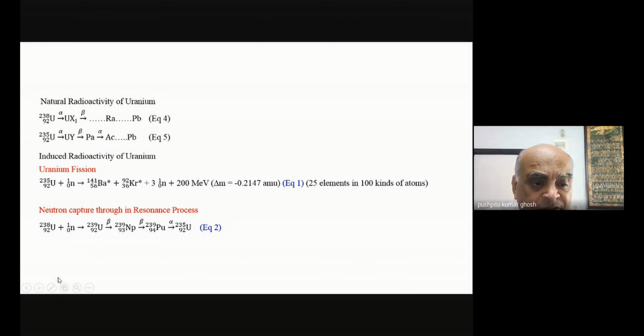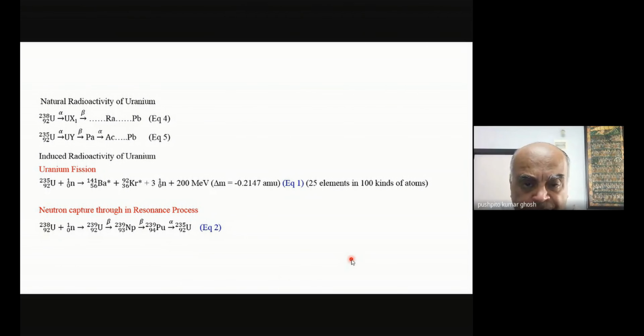The question is, what exactly does uranium-238 do? Is it just a passive bystander sitting there doing nothing, or can it in any way adversely affect the performance of the nuclear reactor?